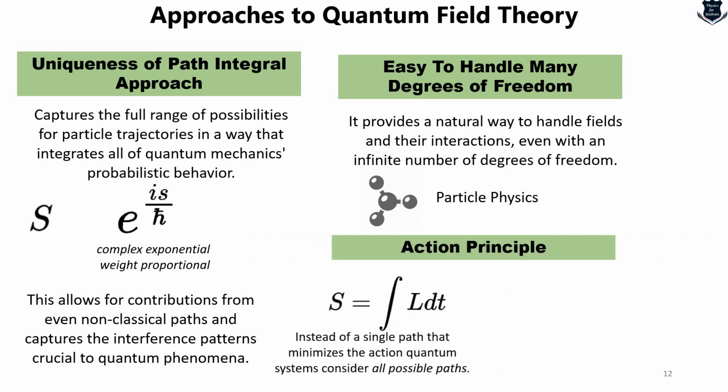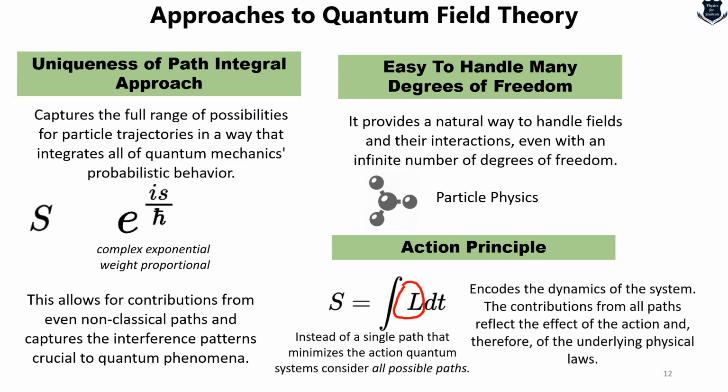The action principle is central to the path integral, which encodes the entire dynamics of the system. As you can see, the L is the Lagrangian. So instead of a single path, it is taking all the possible paths, and it actually encodes the dynamics of the system. The contribution from all paths reflects the effect of the action and therefore of the underlying physical laws.